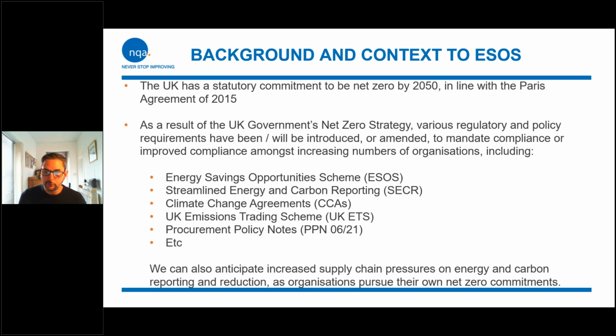Included in there are various regulatory and policy requirements that already have been or will be introduced or amended as time progresses to mandate compliance or improve compliance amongst increasing numbers of organisations in the country. These include ESOS, the Energy Savings Opportunity Scheme, which is the focus of today's webinar. There are others as well.